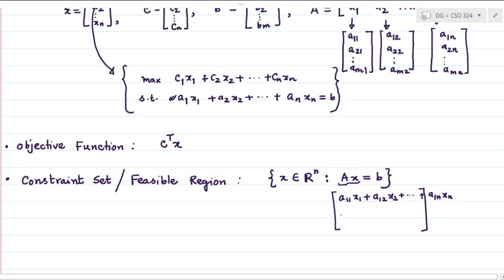The second component of Ax is a21x1 plus a22x2 plus till a2nxn, and the mth component can similarly be written by just replacing this 2 in the second equation by m. The first component is a linear function of the variable x. Here also, this is a linear function of the variable x.